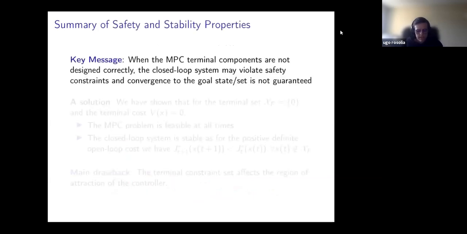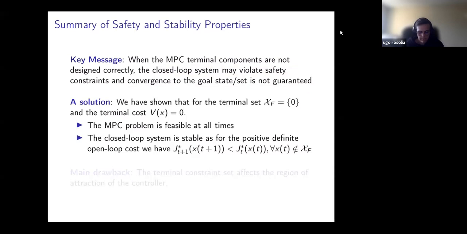And so the key message from this first part of the lecture is that when we don't design the MPC terminal components correctly, then the closed loop system might violate state and input constraints, and convergence to the terminal state is not guaranteed. And so what we saw today is that a solution to fix this problem is to use zero, or an equilibrium point, as a terminal constraint, and to set our terminal cost equal to zero.